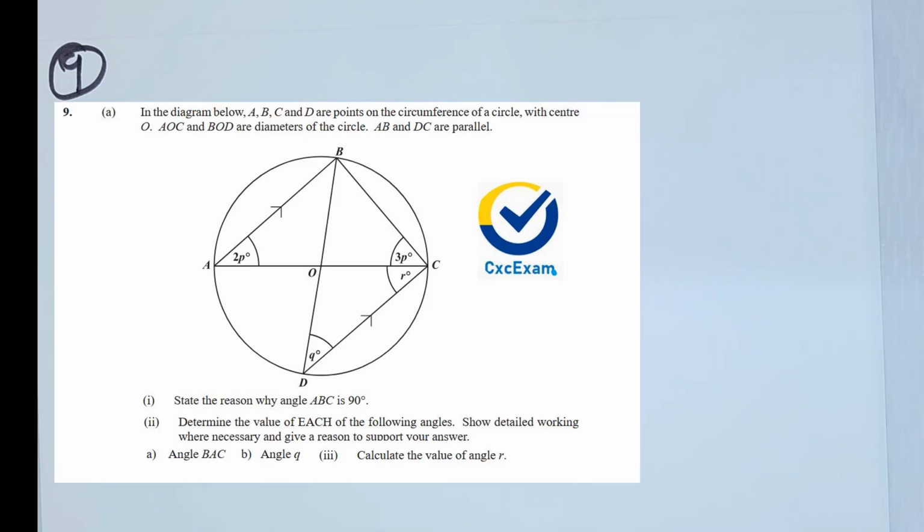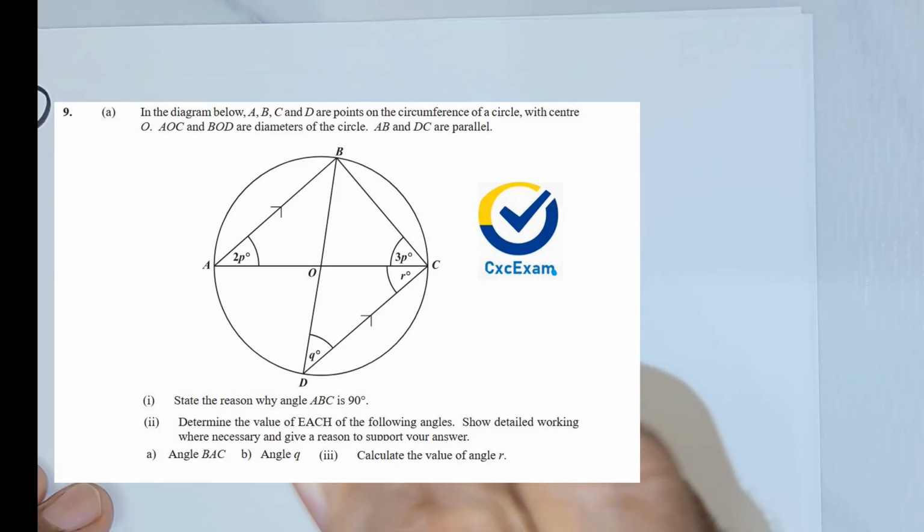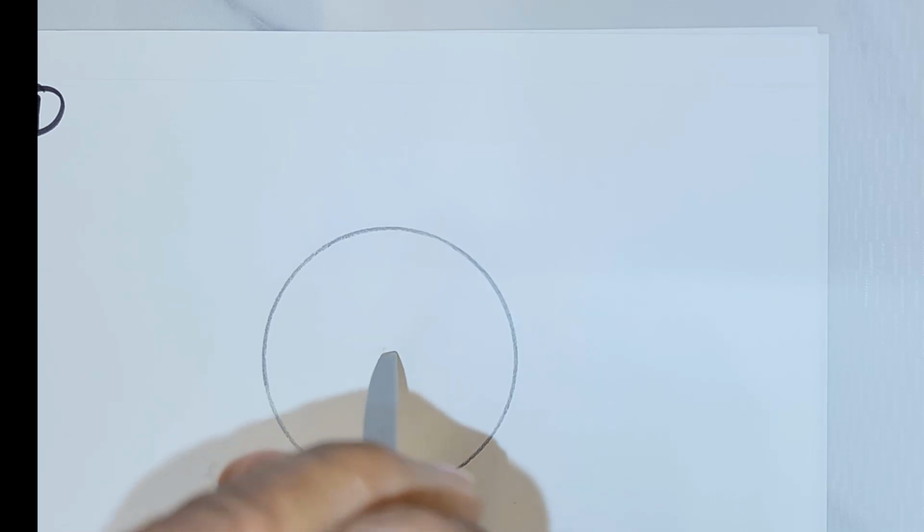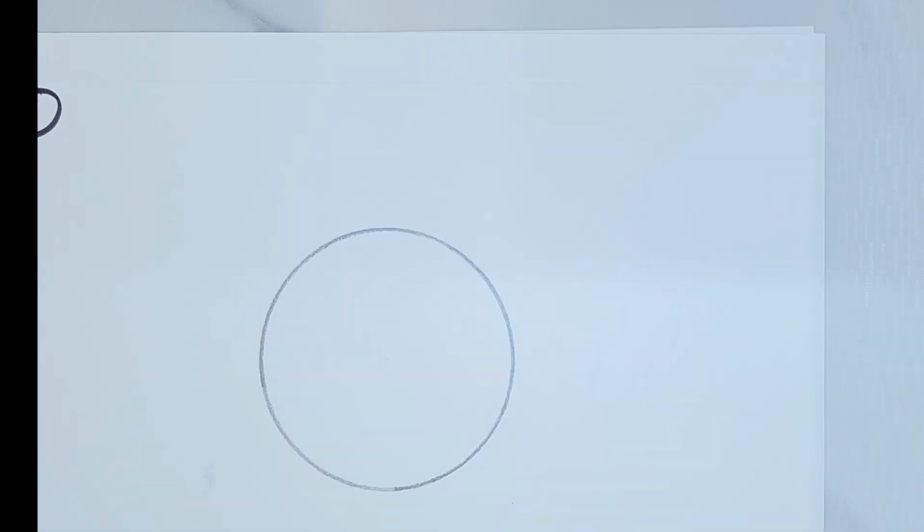Okay, this is question number 9. We need to have a circle, so let me draw the circle. Okay, alright. So we need the following points.